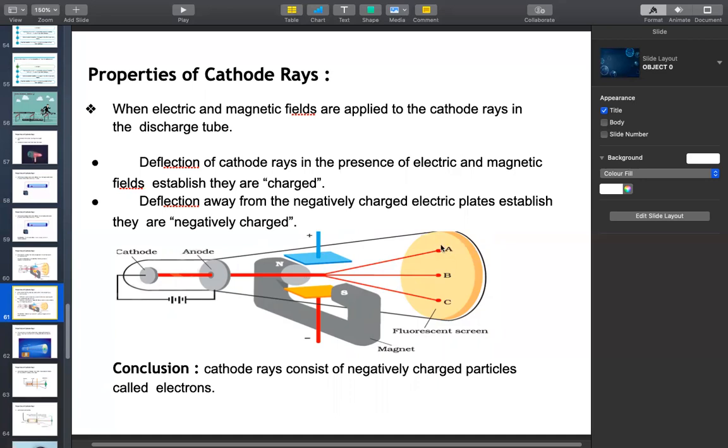The electron beam was observed at this point A. This means the beam of the cathode ray is nothing but negatively charged. Guys, clear? Could I move to the next thing? Yes or no? Copy it fast. Done.